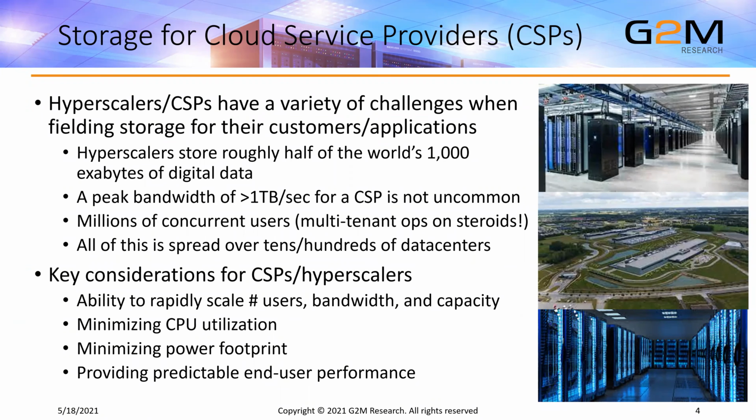And finally, being able to provide predictable end user performance. In most cases, a hyperscaler or CSP might not give you the best possible performance you could potentially achieve, but their goal is to make sure that the performance you do get is consistent and predictable, even in the face of outages or other things that can affect availability and resiliency.